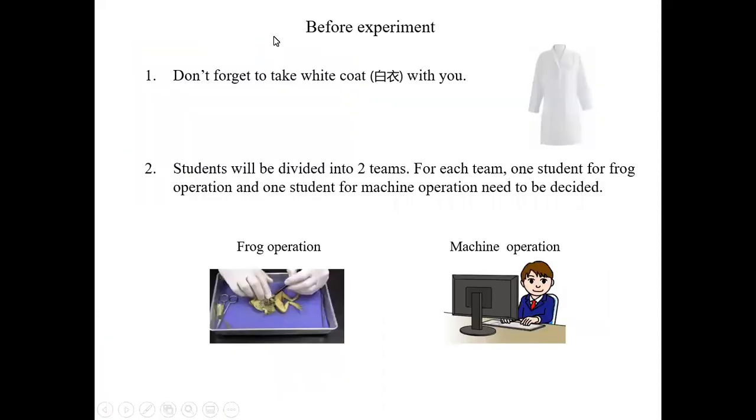Before experiments, please do not forget to take a white coat with you. And in these experiments, students will be divided into two teams. For each team, one student for floor operation and one student for machine operation need to be decided before experiments.